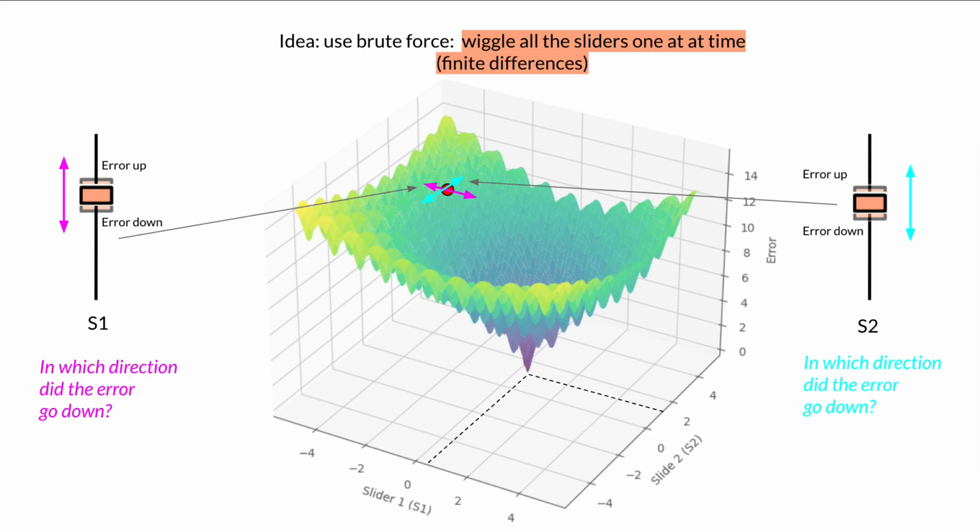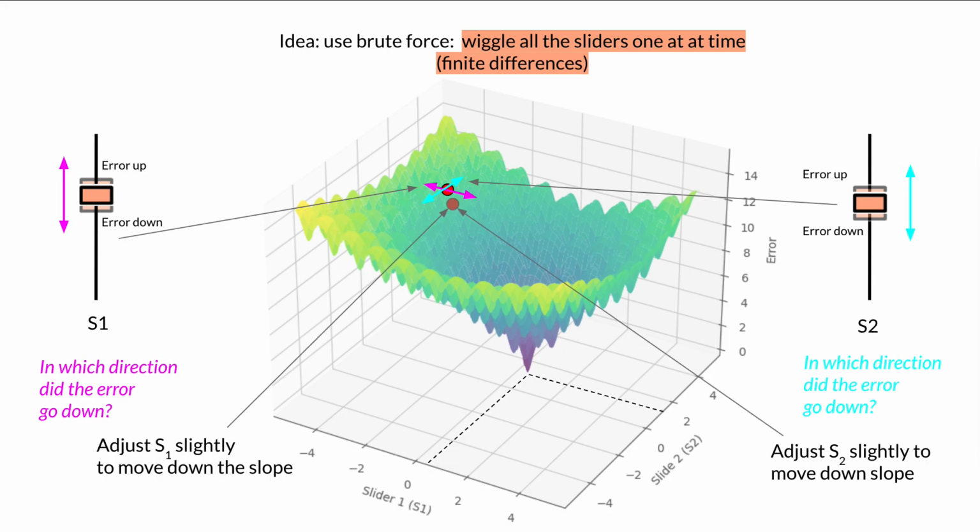So we can say in which direction did the error go down, slightly up or slightly down on the parameter, and then we can adjust the sliders in that direction independently, all of the sliders, and then we ought to be moving slightly down the slope towards the minimum of that function, even though we don't know what the function is.